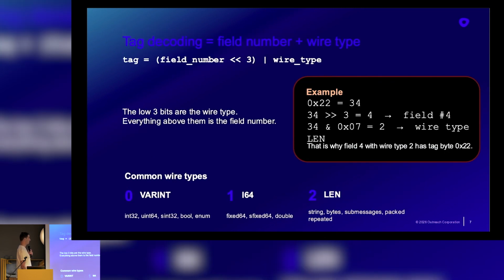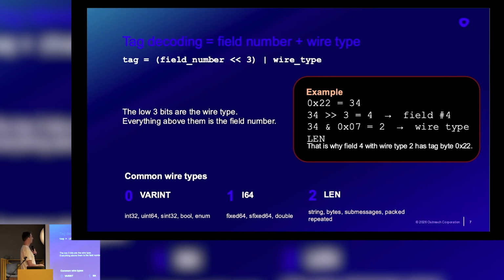Okay. So now, how to decode the tag? It's actually quite simple. To simplify it even more, let's assume that the tag for now is just 1 single byte. It's encoded in a way that the last 3 bits of the tag are the wire type, and the rest is the field number. If we use just 1 byte, we can have just a few field numbers. I will show later how it's in real.